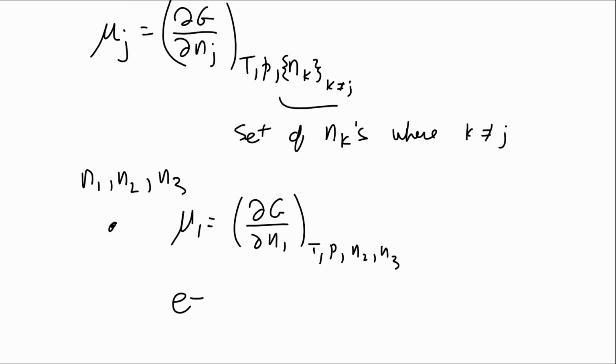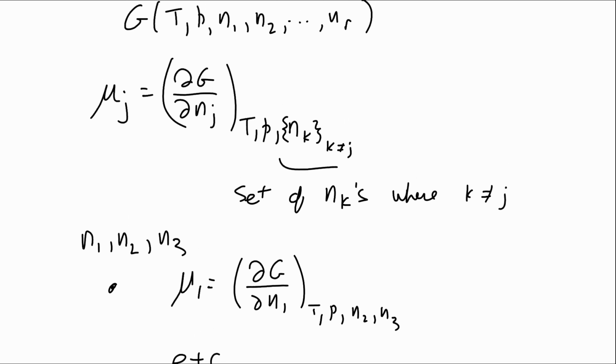Etc. So you hold everything else that it's a function of constant, and J equals 1, 2, up to R. If I have 3 components, I have 3 chemical potentials, mu1, mu2, mu3, which are derivatives of G with respect to N1, N2, and N3 respectively.